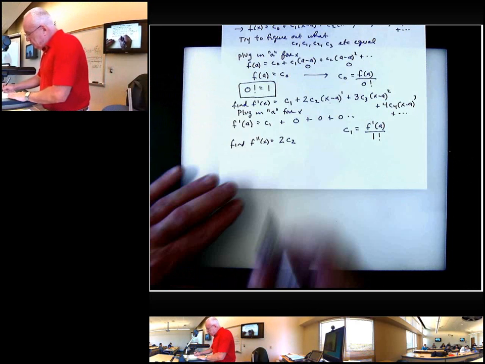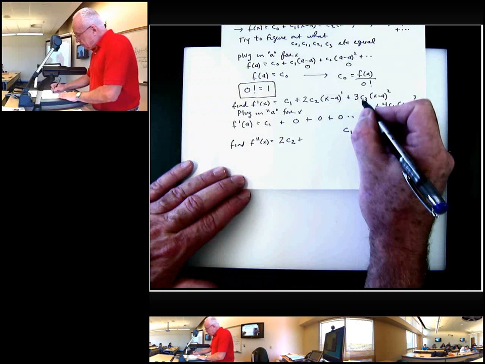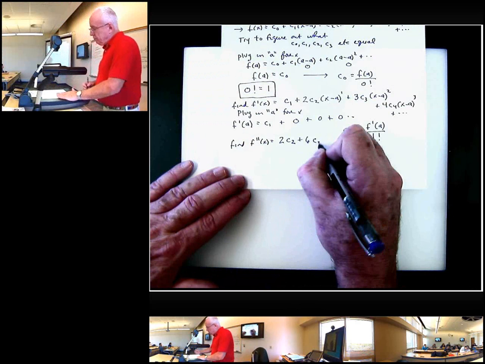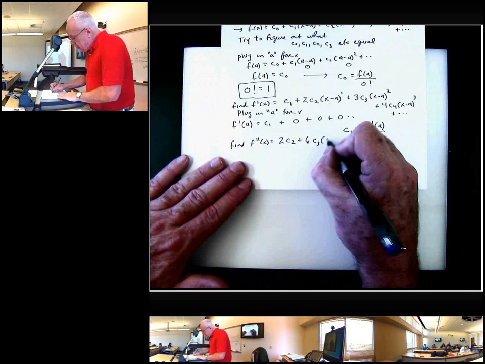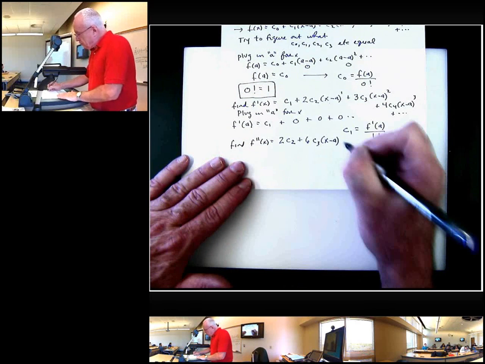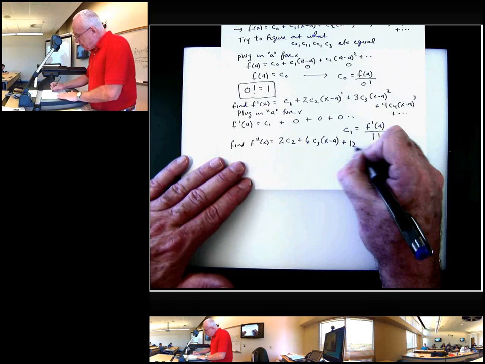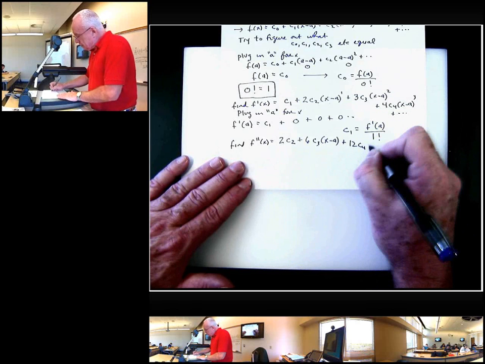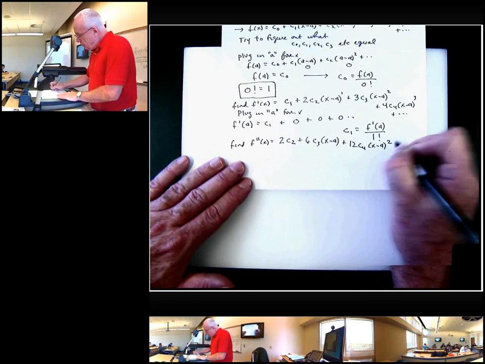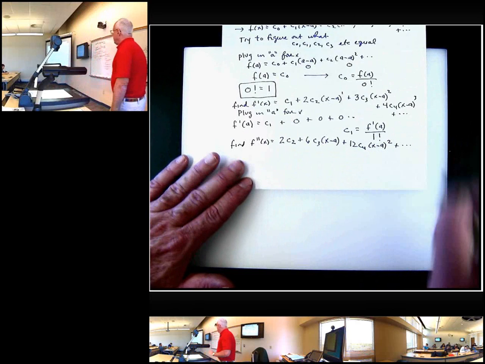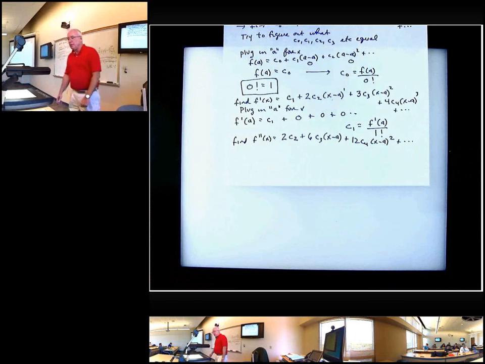And then plus 2 times 3, 6 times C3 times x minus a, plus 4 times 3, 12 times C4 times x minus a squared, and plus dot, dot, dot. So I'm just doing the derivative term by term.